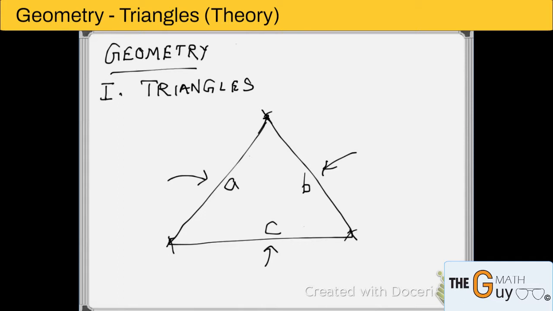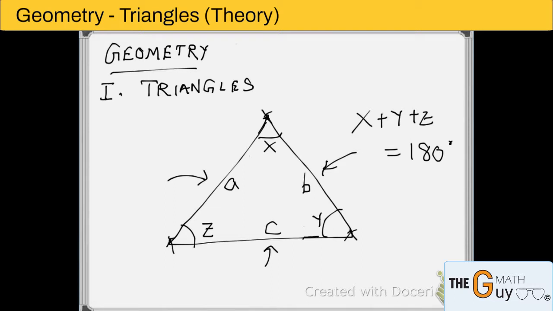And then there are three angles that you can see: X, Y, and Z. Two quick things to remember about the triangle. First is that X plus Y plus Z is always equal to 180 degrees. So the three angles inside always add up to 180 degrees.